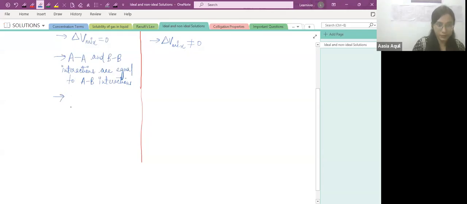Can you please give me some examples of ideal solutions? It can be asked as a 1 mark question in your board exam: what are ideal solutions, and give 1 or 2 examples.